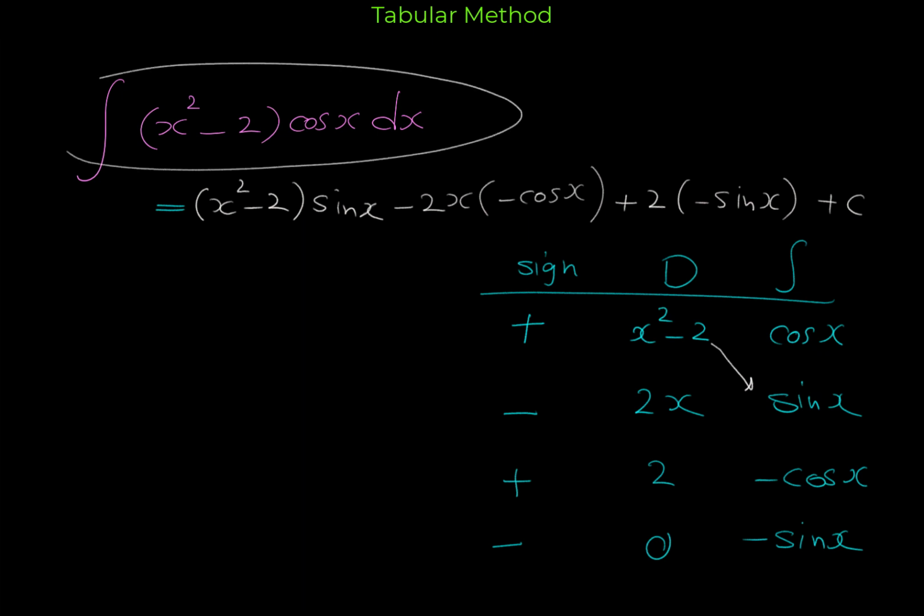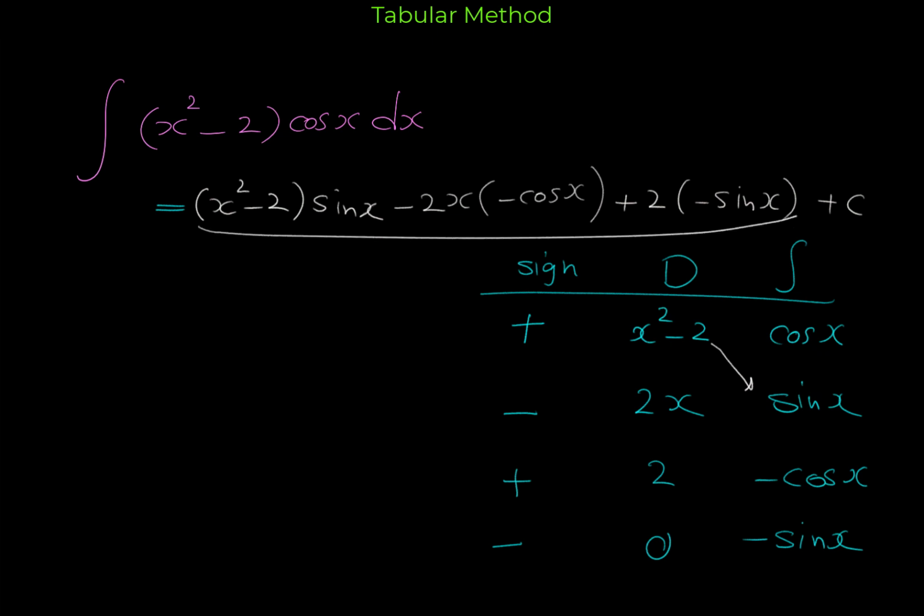Again, if you want to find this integral with the integration by parts method, you have to use it twice, and it takes much more time. Attention, if you want, you can simplify this answer, but I'm leaving it in this form.